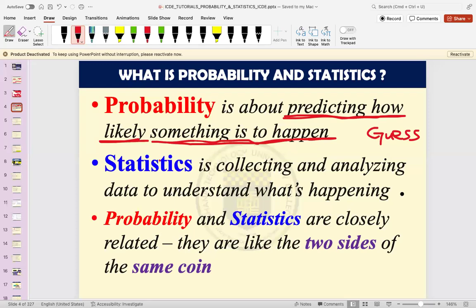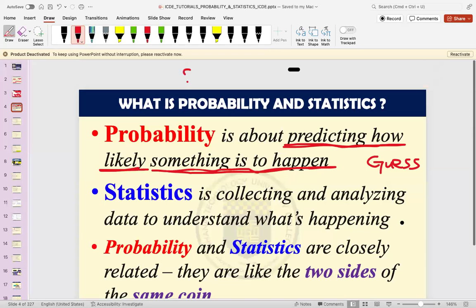Now, what about statistics? It's not the same as probability. Statistics is on a different path. The two of them are not working on the same path. They are working in separate ways. They are not on the same path.